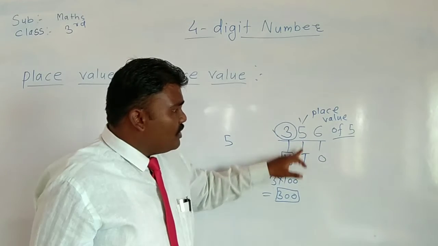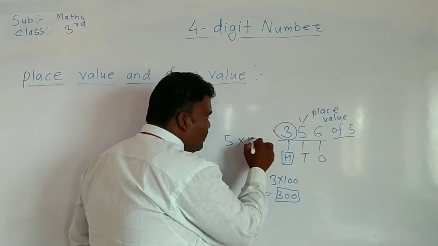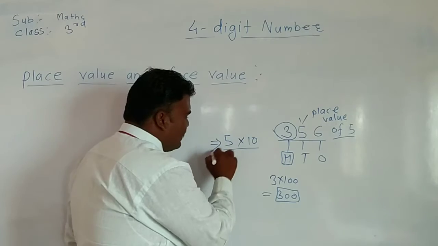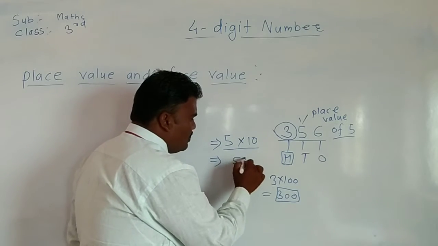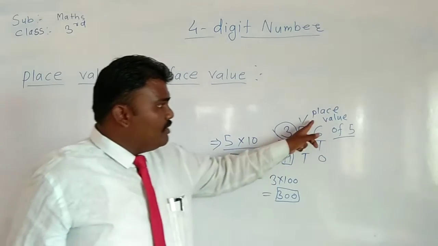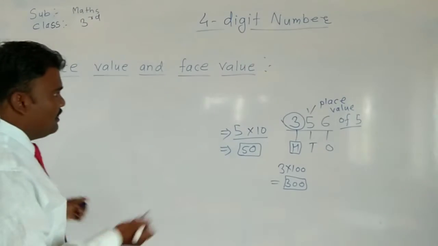This 5 is placed at the tens place, so you have to multiply it by 10, and whatever the answer is, that is the place value of 5. This 50 is nothing but the place value of 5. Understand? So let's talk about another example.